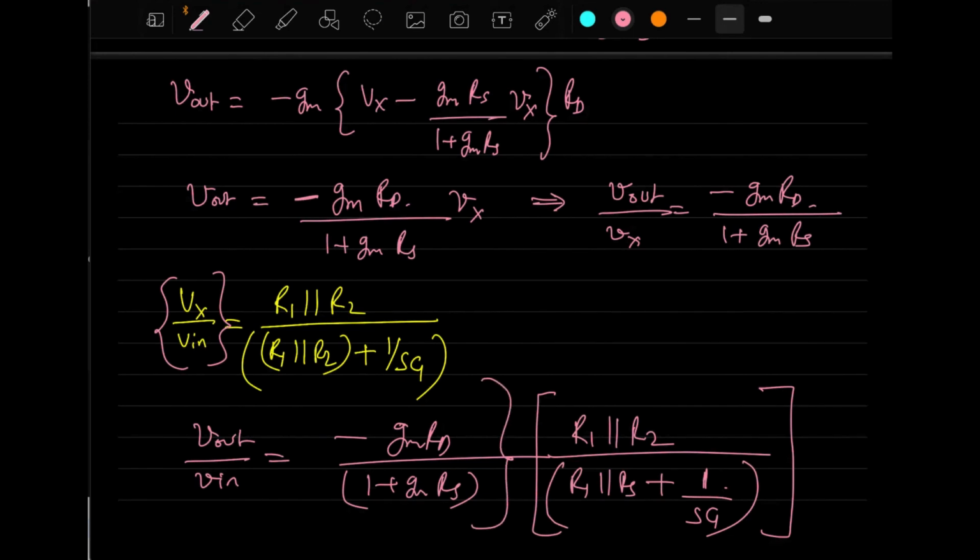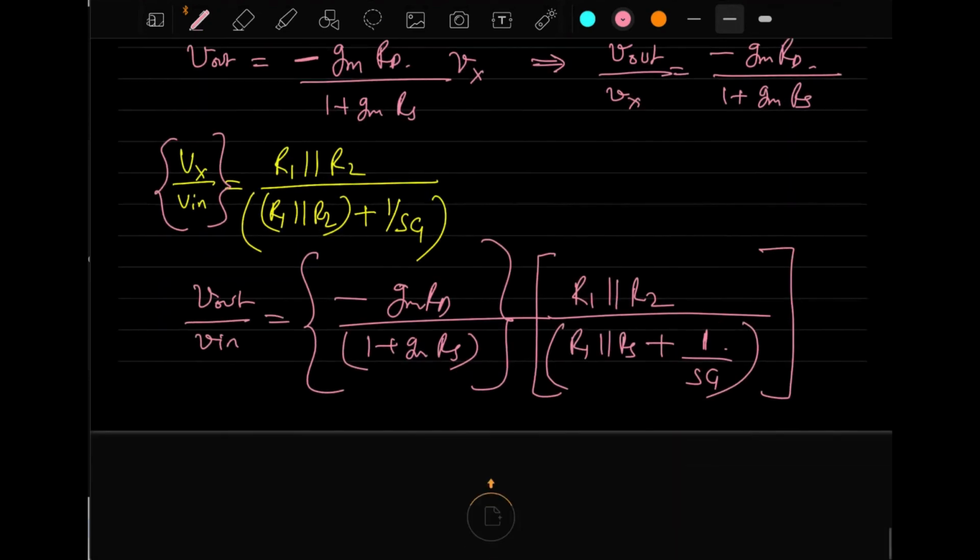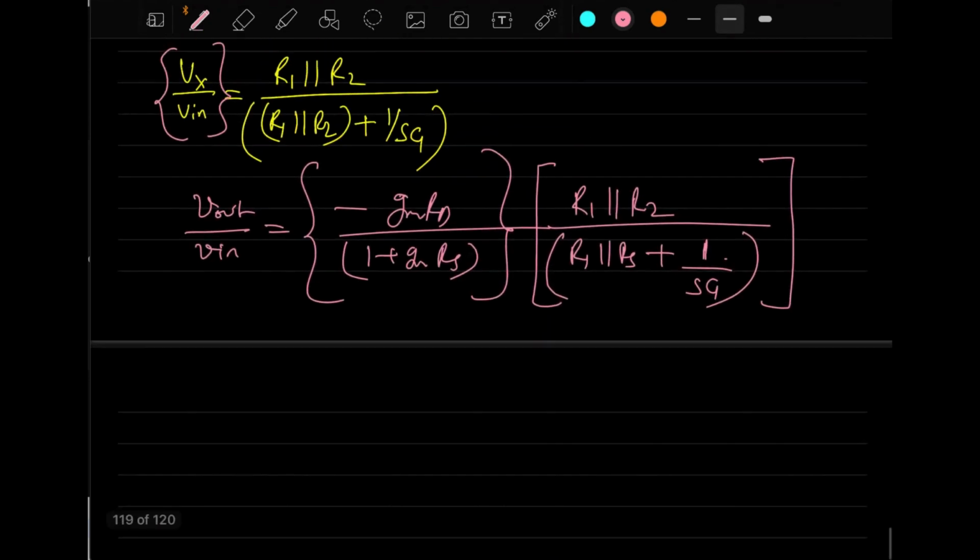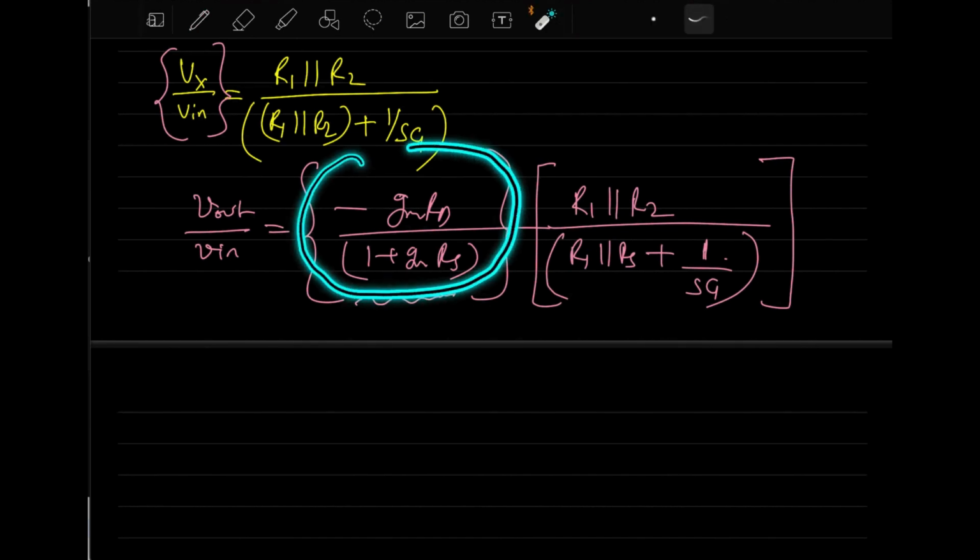This you already know. You have already calculated this. If you remember, this expression is known to you because it's a common source amplifier with the resistance at the source terminal. The equation of the gain is this. It's a mid-band gain actually, because when you did this analysis, you were not taking any capacitance into consideration.